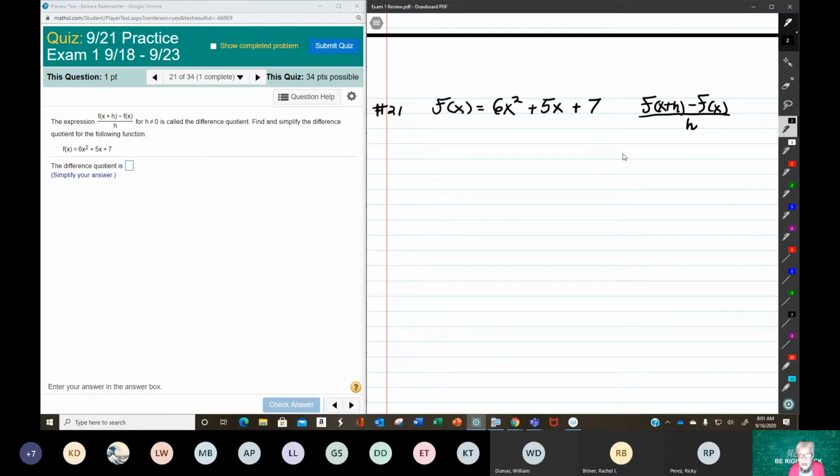Okay, so I know what f of x is. I've already got that. I have to find what f of x plus h is, and I have to actually calculate it. So I put x plus h in for each x.